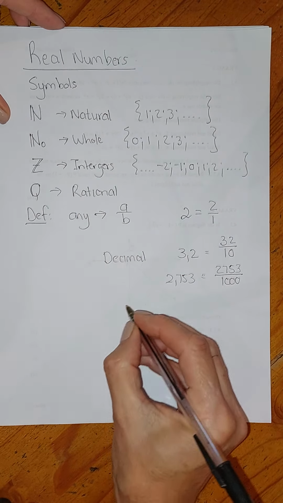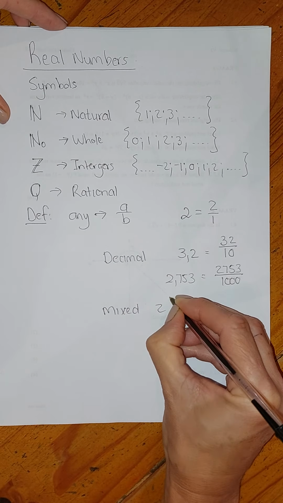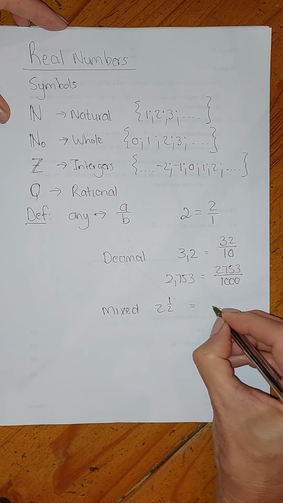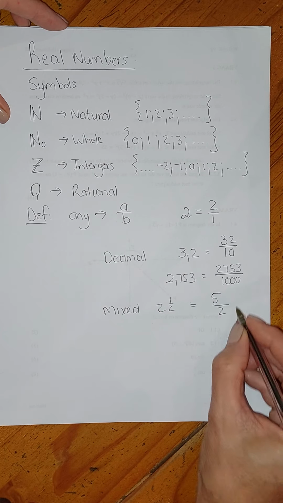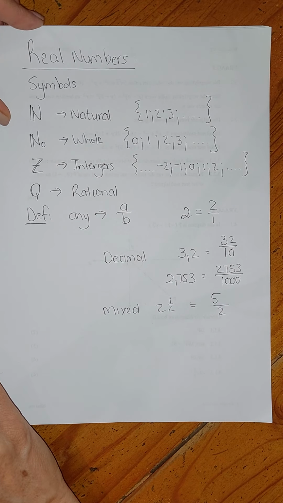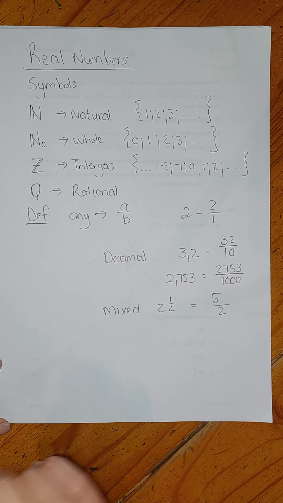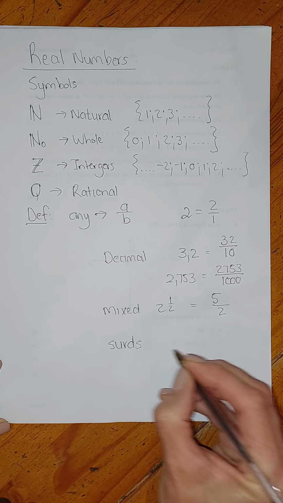If we have a mixed number like 2.5, it can be written with denominator 2, and then we say 2 times 2 plus 1 is 5, so it can be converted into a fraction a over b. Some of our surds, not all of them, are rational.